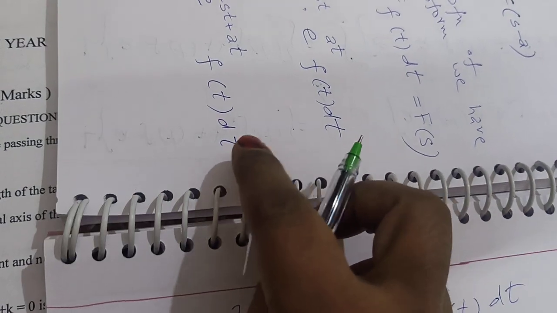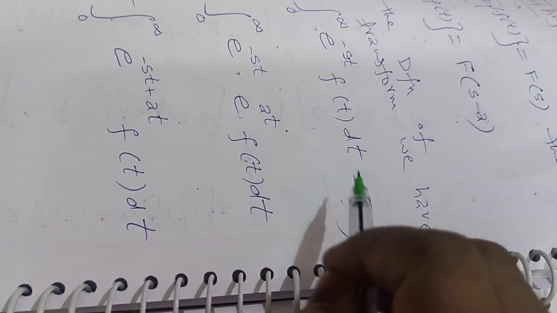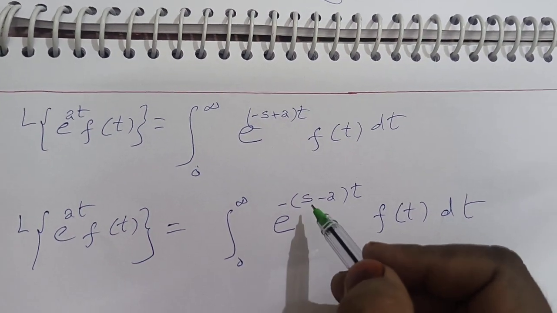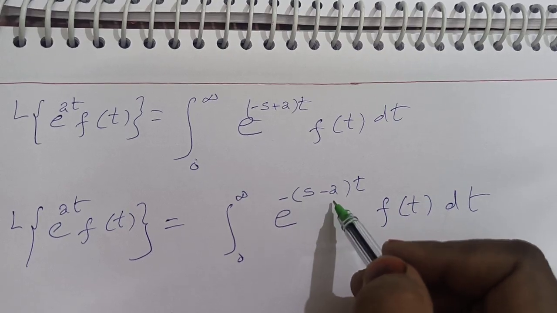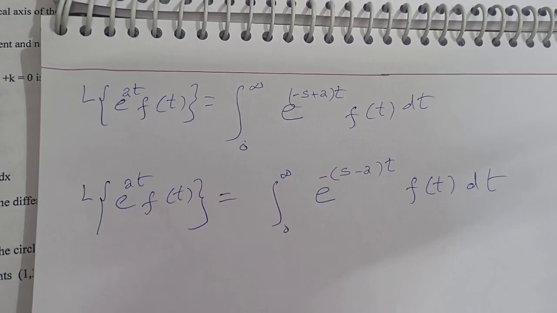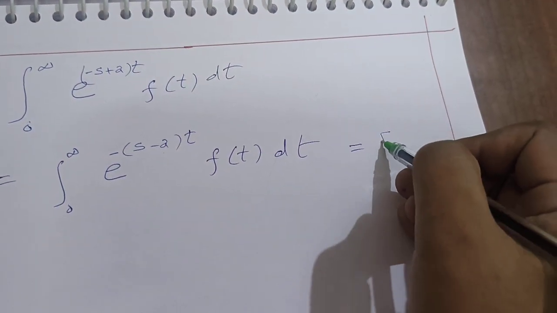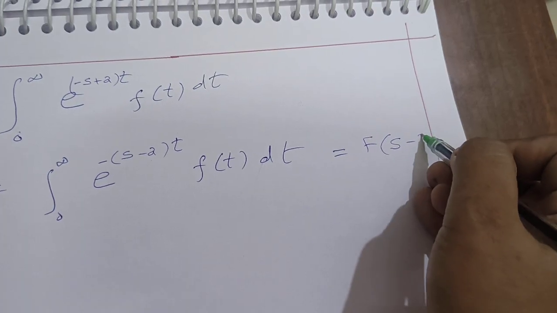We know that this is equal to F of s. Coefficient of t is minus s, so we write F of s. Here the coefficient of t is minus of s minus a, so in place of s we will substitute s minus a. So this is also equal to F of s minus a.